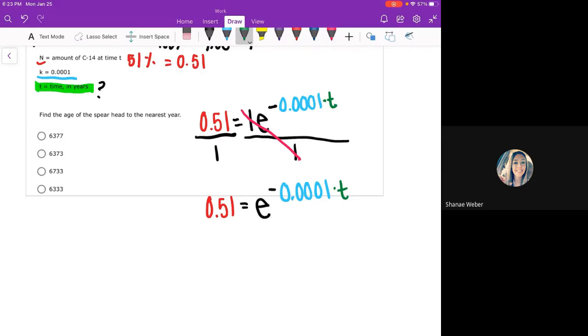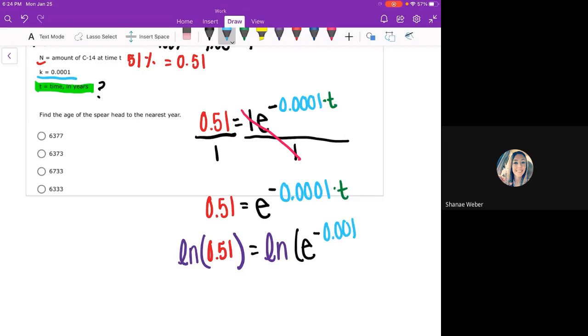In order to do that, we need to take the natural log. So I'm going to take the natural log, it's ln, of both sides. So ln of 0.51 equals, I'm going to take the natural log of this side as well, of e to the negative 0.0001 times t.